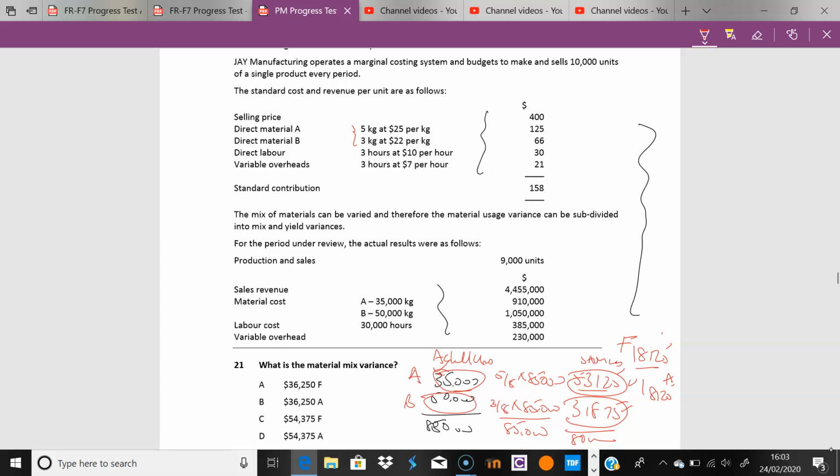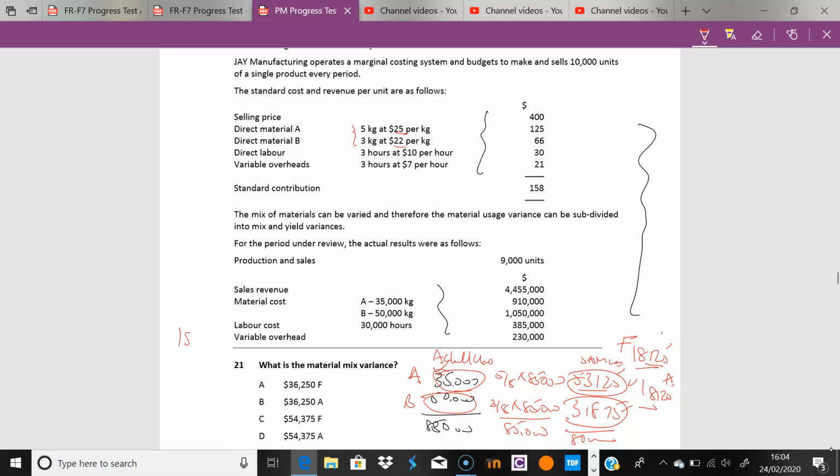So the question is, we just need to cost it, don't we? So here we have 18,125 at £25, 18,125 at £22. In effect, we have a favorable here of 25 and an adverse of 22. So really, we have overall a favorable of £3. You could work it out, but really, it's the difference.